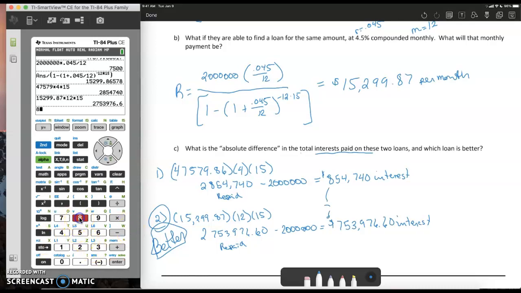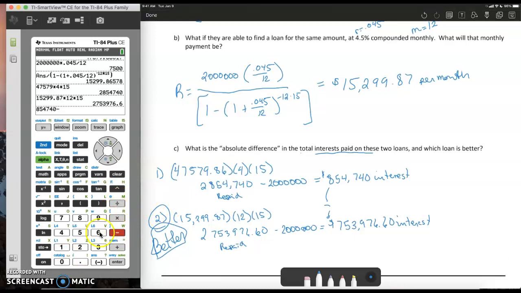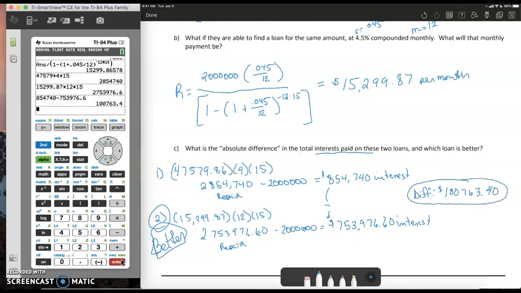So if we take the 854,740 and subtract off 753,976.60, then the absolute difference is $100,763.40. Very hard to keep saying those very, very large numbers.